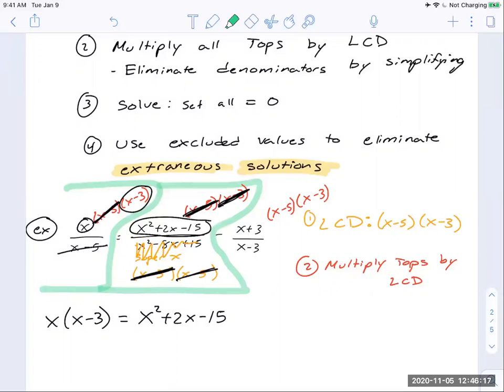One more section. X minus 3 on the bottom. That comes with this x minus 3. I am left with x plus 3, x minus 5.